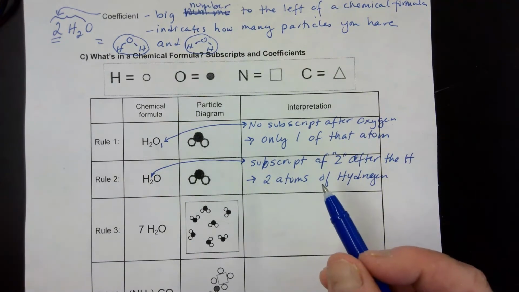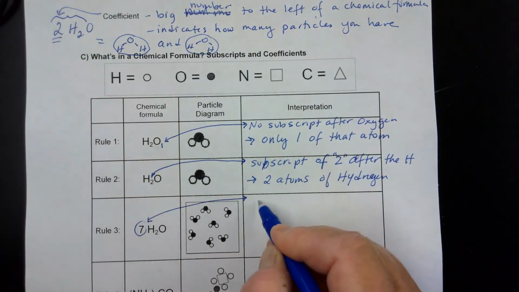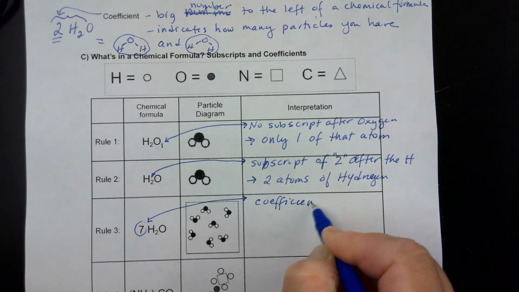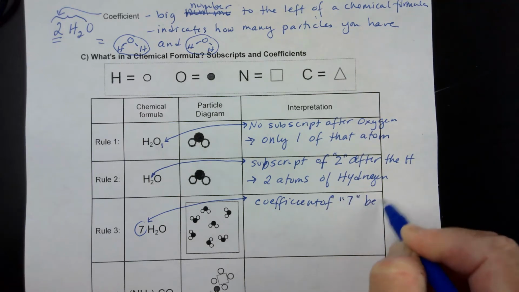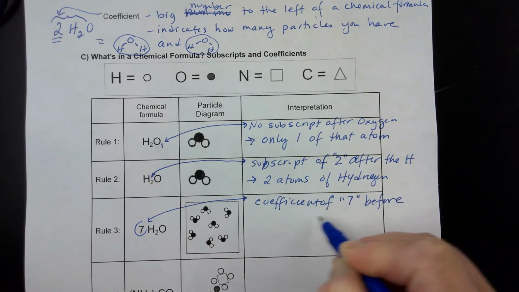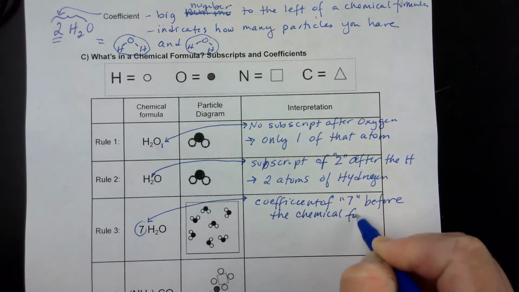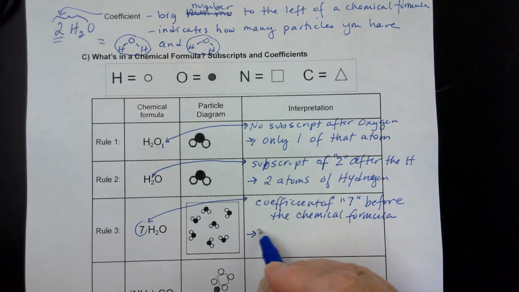Here, what we're going to look at is the coefficient. In this case, we have a coefficient of a 7 before the chemical formula. What that means is that we have 7 particles.